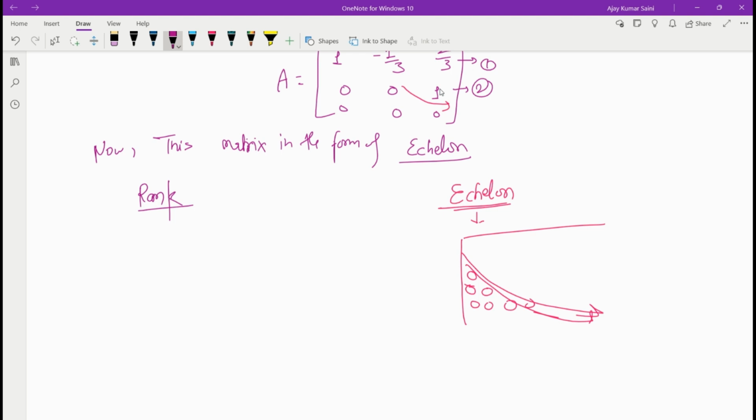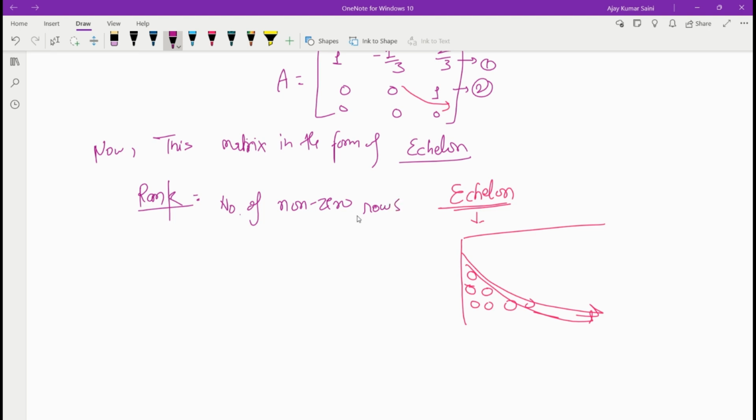So the rank of the non-zero rows is equal to the rank of a matrix. So rank is equal to the number of non-zero rows.